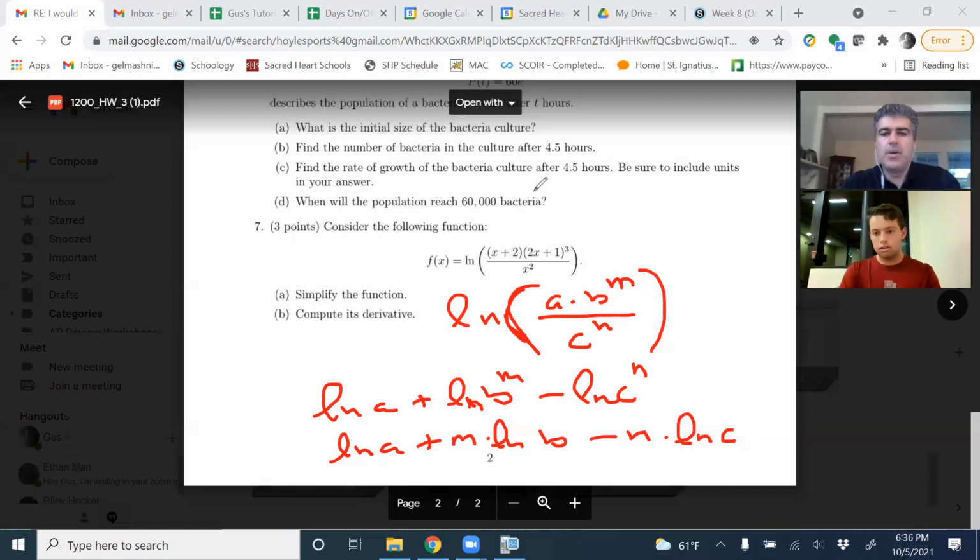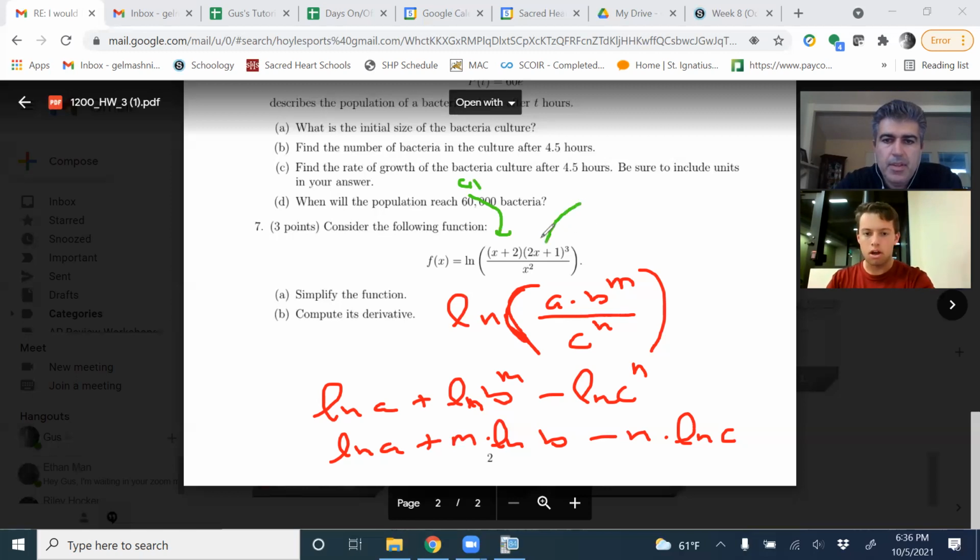Okay. So the A is like x plus 2. I'm using log properties. That's like b to the n power, that's like c to the n power. So you could just say this: natural log of x plus 2.